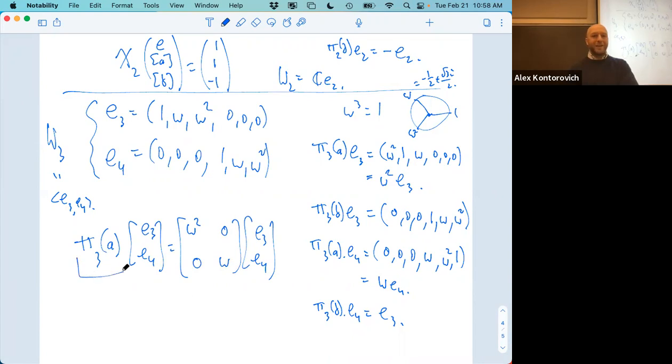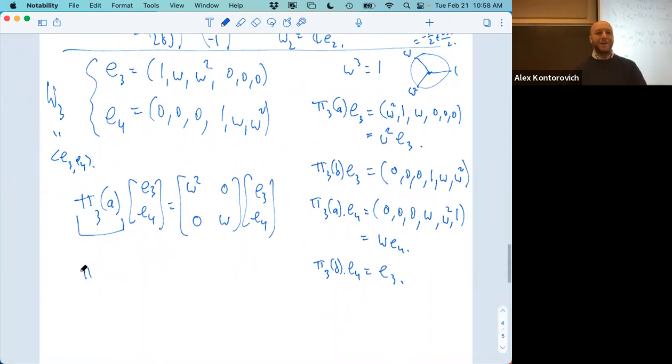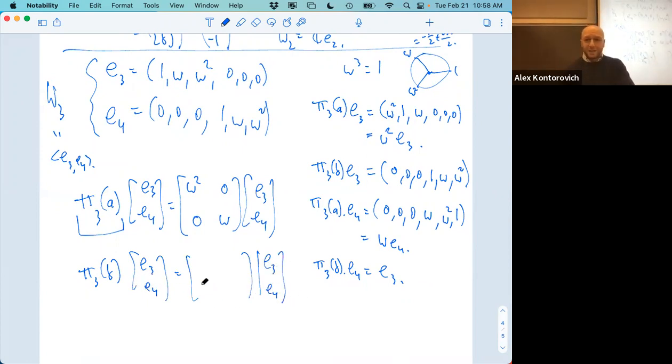So this is the way that pi 3 of A is a 2 by 2 matrix. What about pi 3 of B? How does it act on E3, E4? It takes E3 to E4, and it takes E4 back to E3.